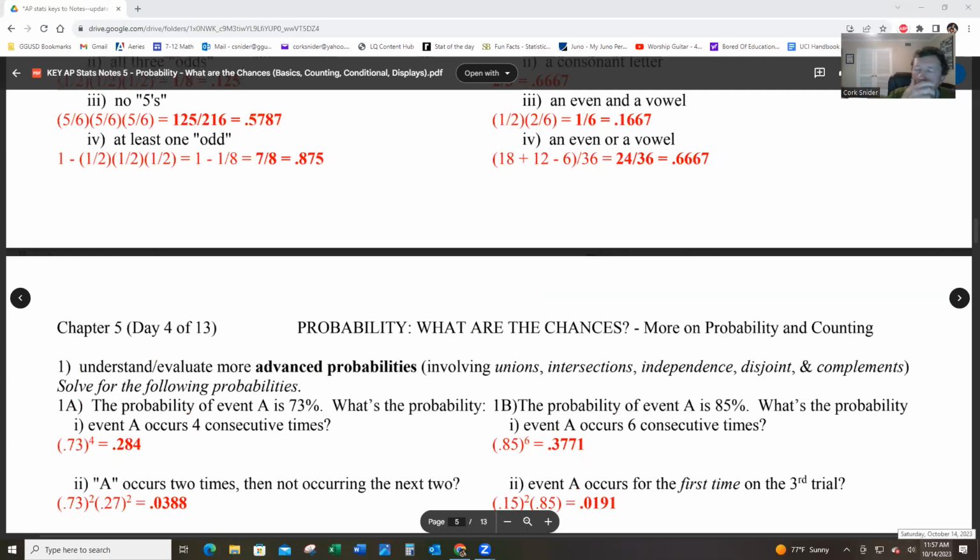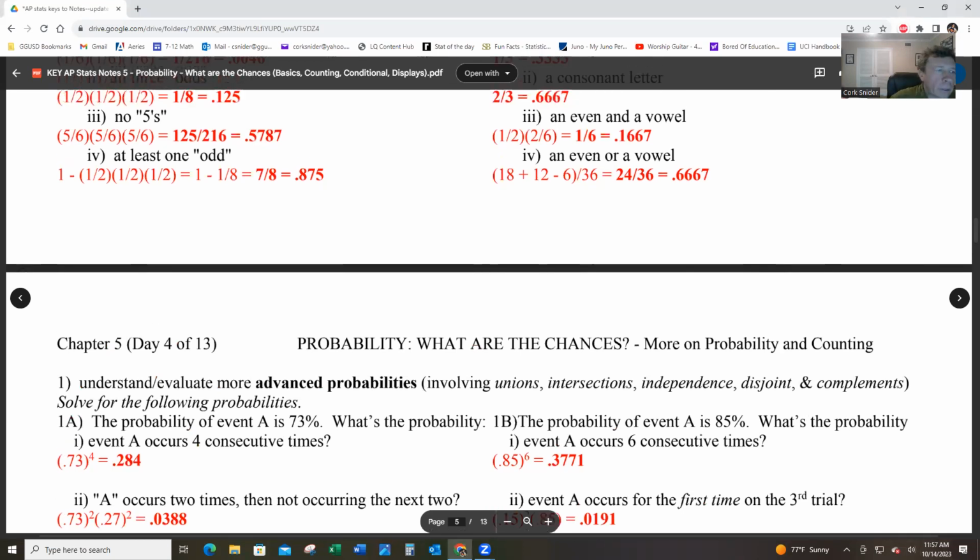So we got 1A, 2A, 3A, 4A, 5A, 6A, I'm sorry, 2A, 2B, 2C, 2D, 2E, 2F.